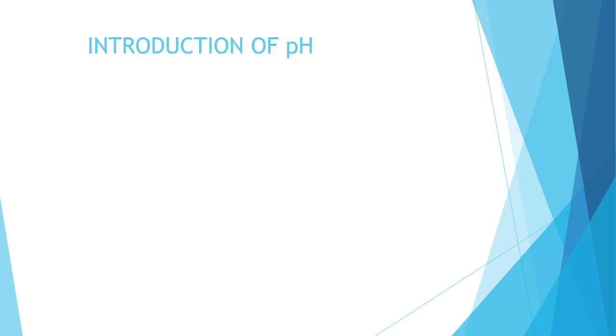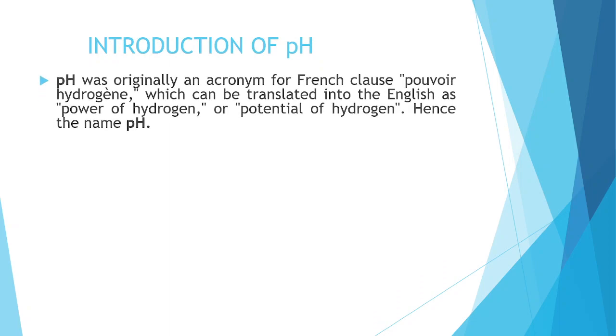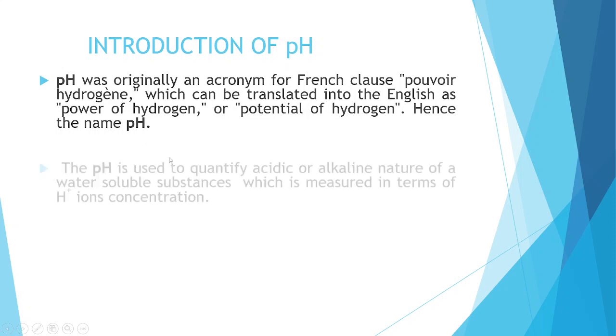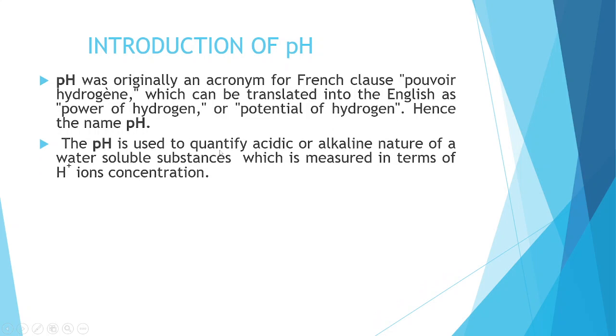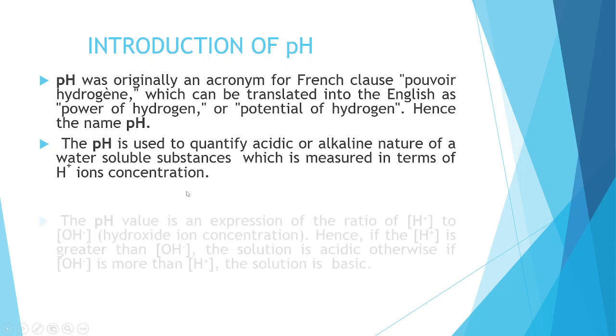Now, introduction of pH continues. pH was originally an acronym for French pouvoir hydrogène, which can be translated into English as power of hydrogen or potential of hydrogen. Hence, the name is pH. The pH is used to quantify acidic or alkaline nature of water-soluble substances, which is measured in terms of hydrogen ion concentration.